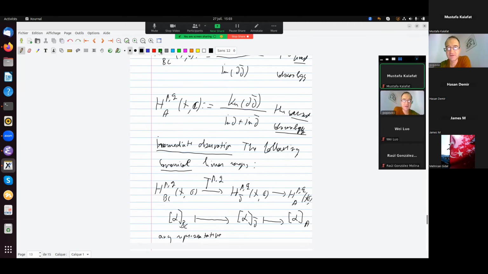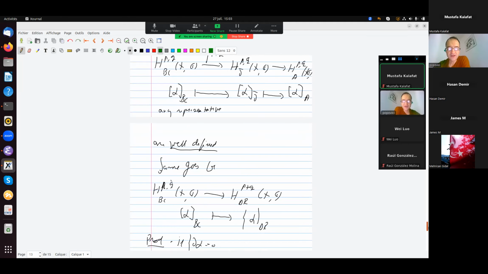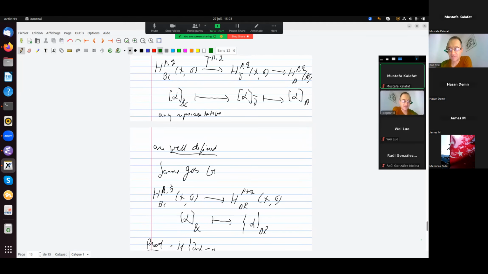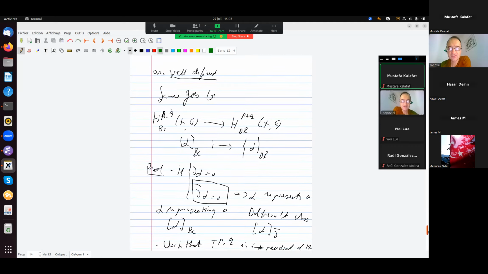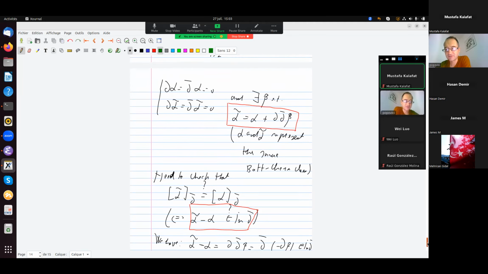This one requires no assumption on X. So the Bott-Chern cohomology maps canonically into all the other cohomologies. We proved that it maps canonically into Dolbeault, but also into Aeppli, and also into de Rham. And all the other cohomologies map canonically into Aeppli. There's no assumption to be made on X to have this.